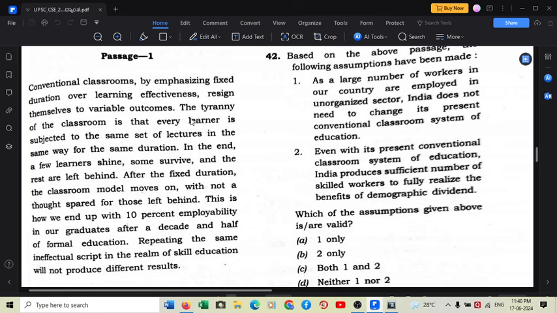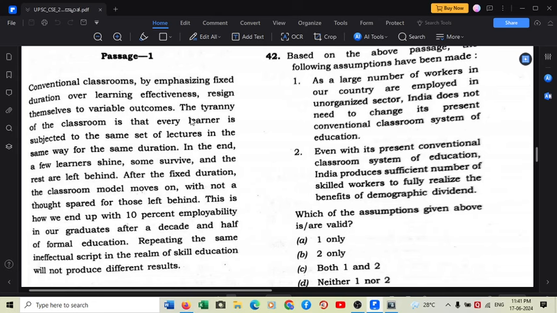So let us read further. This is how we end up with 10% employability in our graduates after a decade and a half of formal education. Again, a reality. Definitely, if many people are left behind, not able to understand what is taught in the class, a smaller percentage will have higher employability.